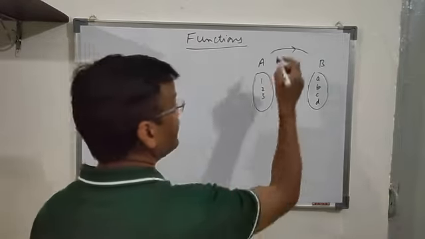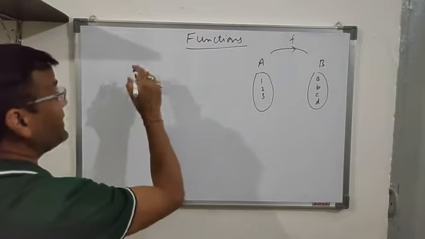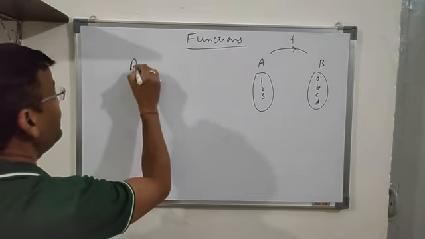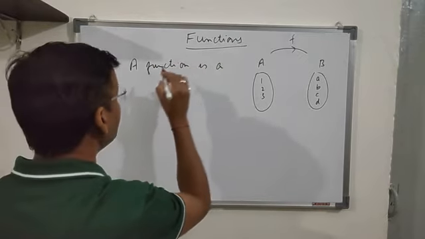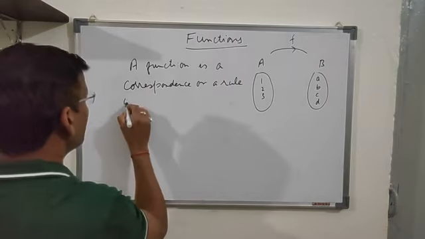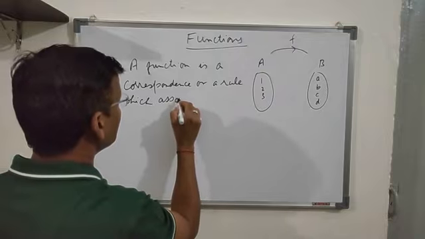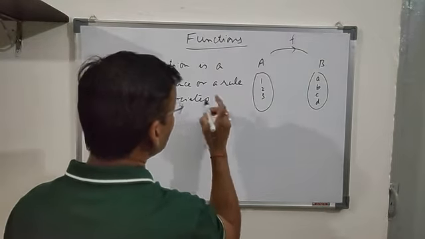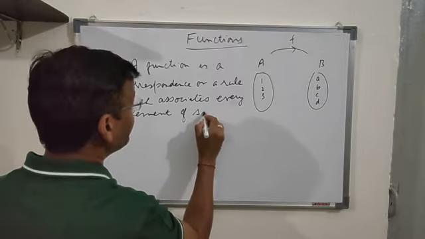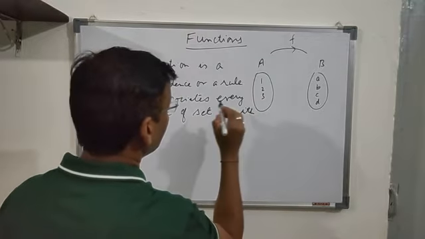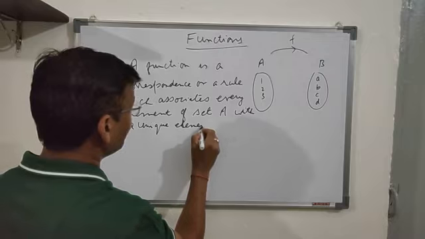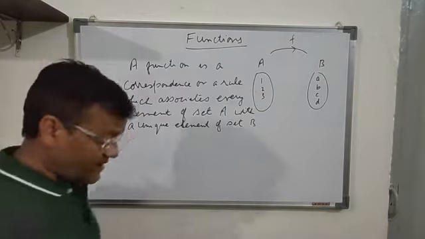But if I say f is a function from A to B, then the definition is: a function is a correspondence or a rule which associates every element of set A with a unique element of set B. So this is the definition of a function.